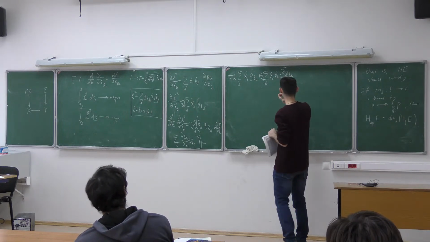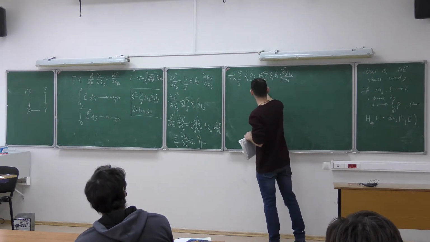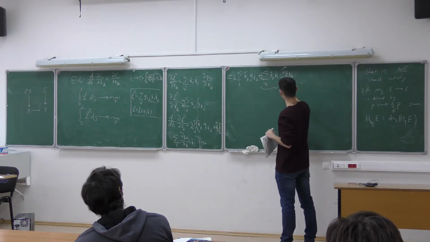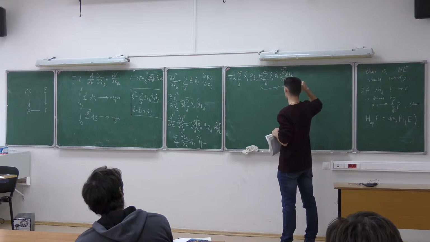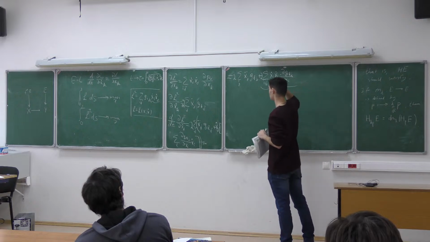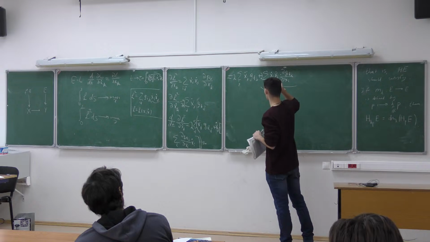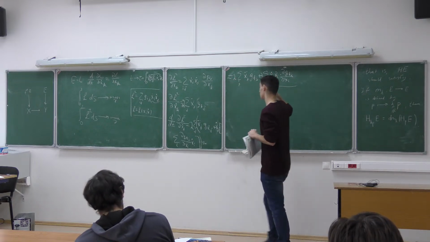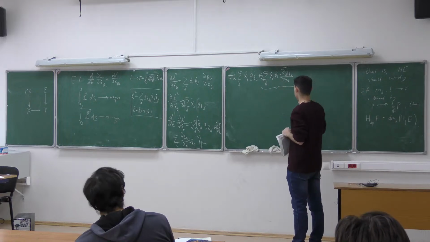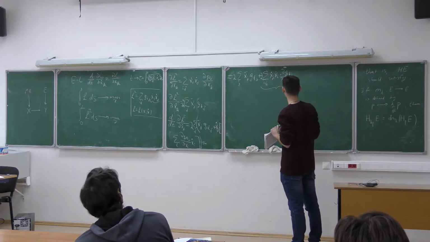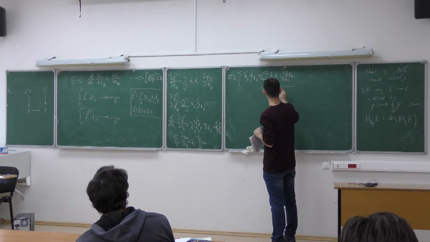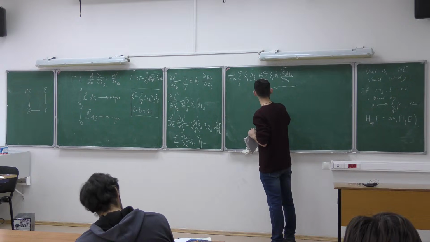Now we want to reorder indices in such a way that after we equate this and this, we obtain the Christoffel symbols. How are we going to do this? We are going to write this term as two sums.